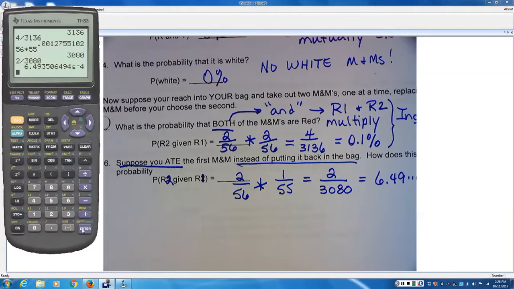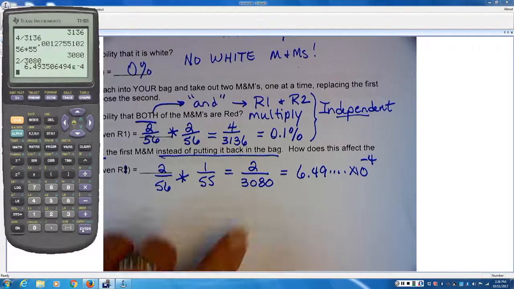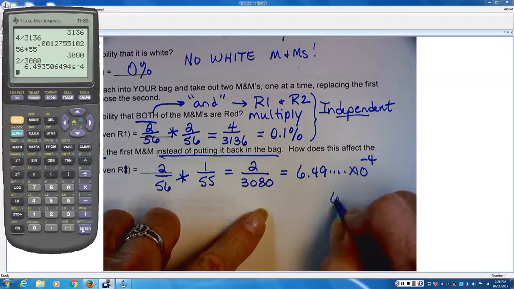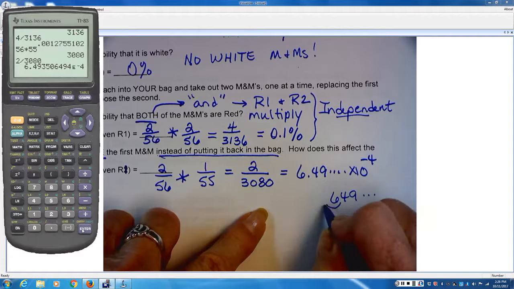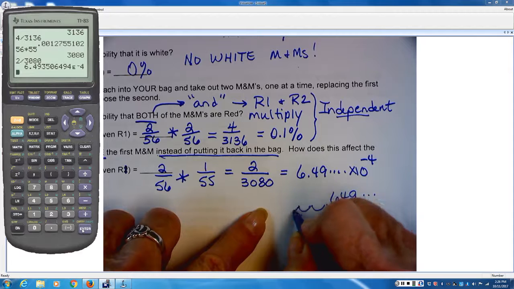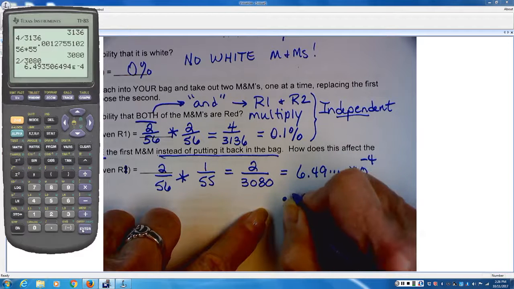That E negative 4 means you need to move the decimal place 4 places to the left. One, two, three, four. Which means I need 3 zeros in there.